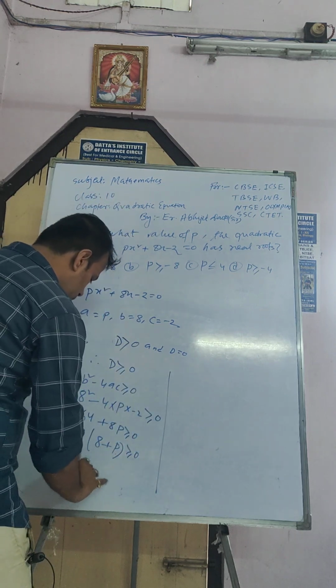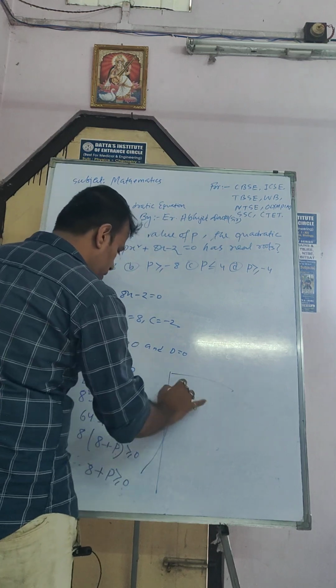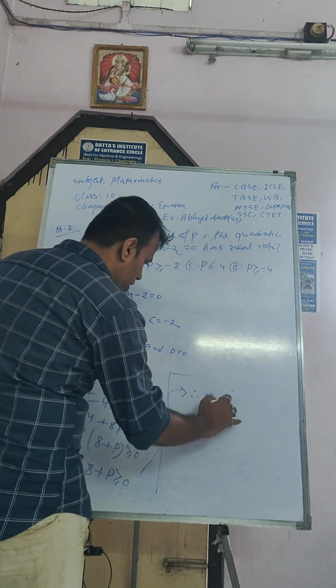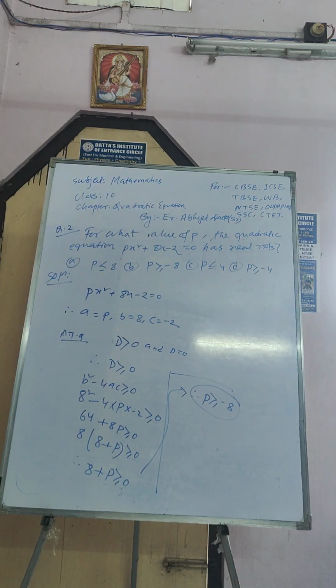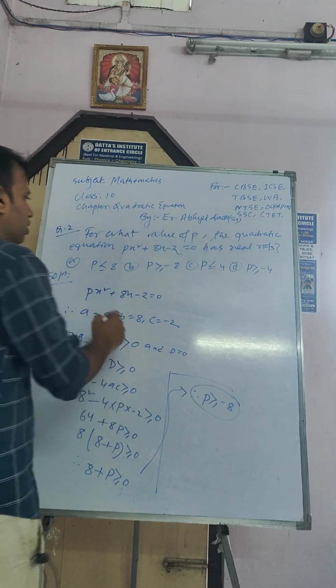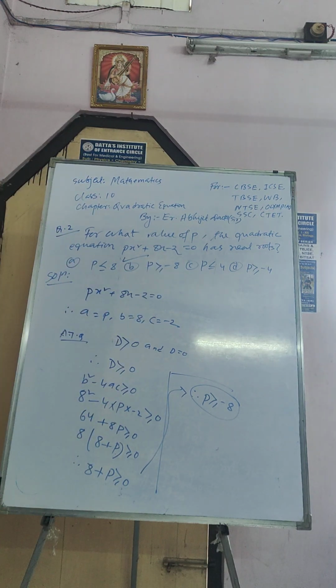Therefore 8 plus P greater than or equal to 0, so we can write P greater than or equal to minus 8. So P greater than or equal to minus 8 is the correct answer. Which option is correct? Option B is the correct answer.